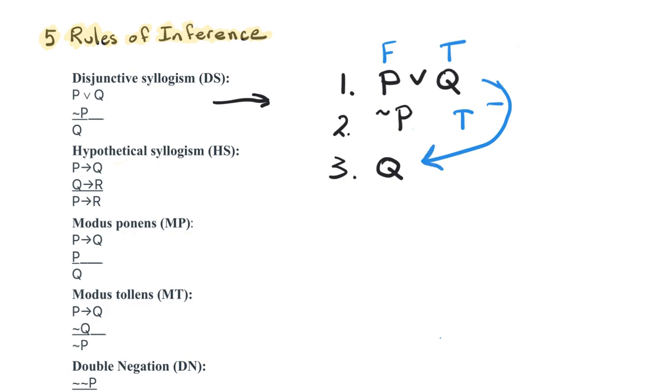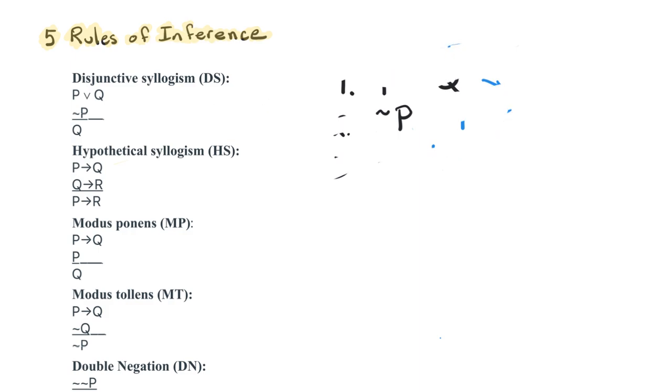Now let's look at how this might appear in a derivation problem. So we're used to the form of a disjunctive syllogism as looking like this.